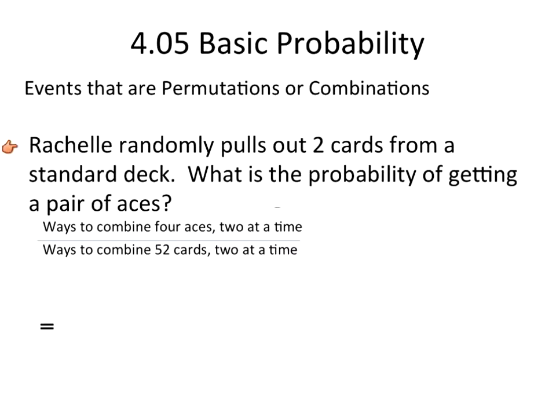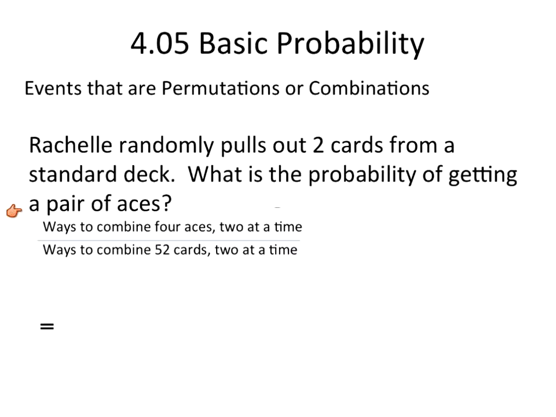So events, again, that are permutations or combinations. So Rochelle randomly pulls out 2 cards from a standard deck. What's the probability of getting a pair of aces? So this time we have to ask ourselves, does order matter or does order not matter? Order does not matter.